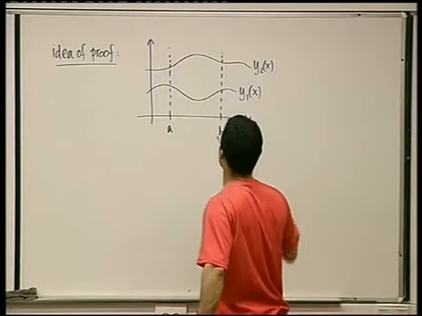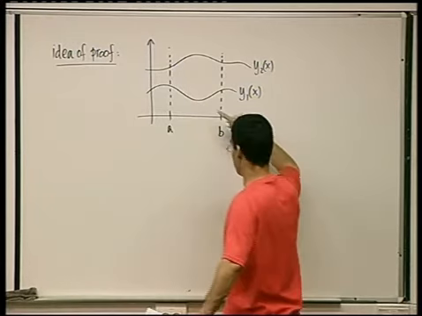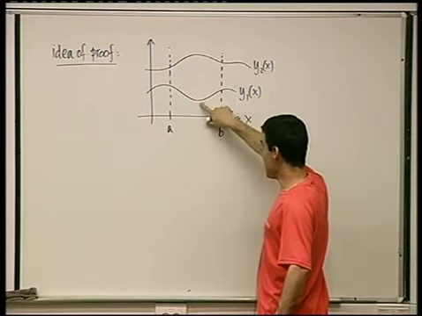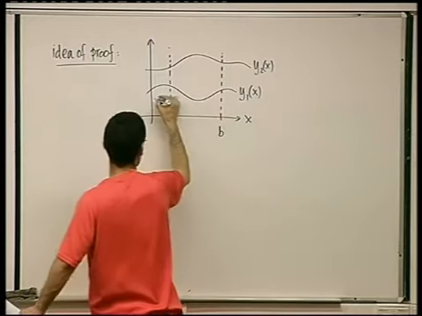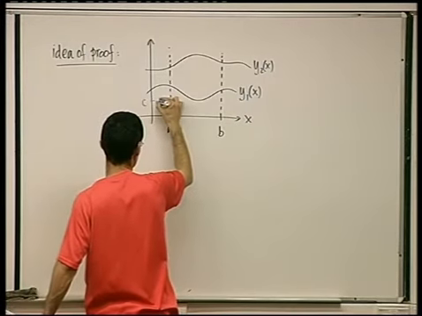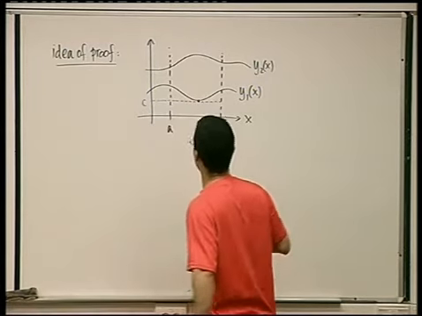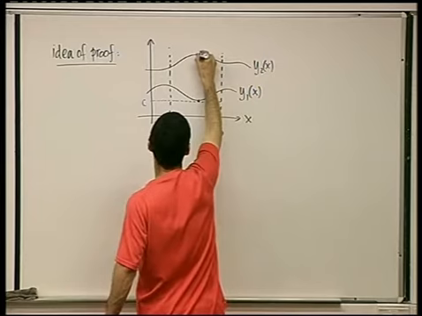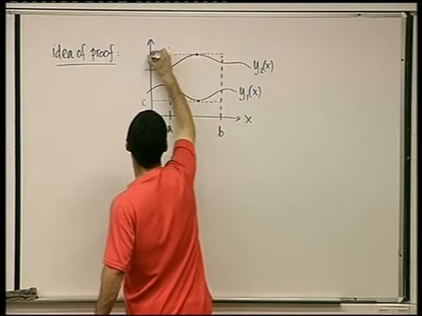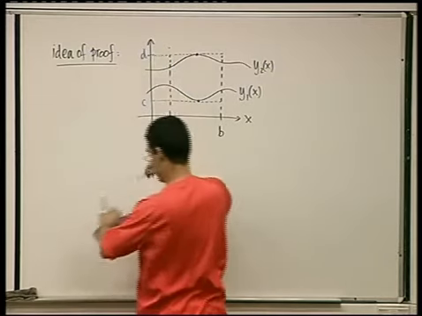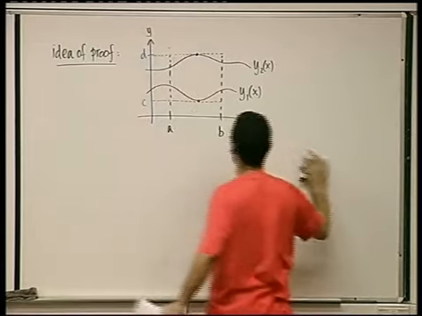I want to make a rectangle out of this, and I want to do it the following way. I'm going to look at the minimal value of y1 and call that c. That's the minimum of y1, and the maximum of y2, and call that d. This is the y-axis.